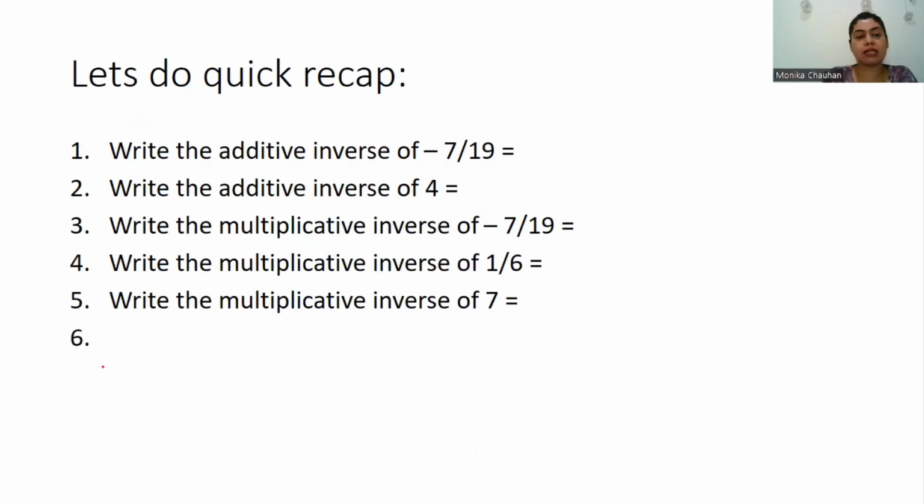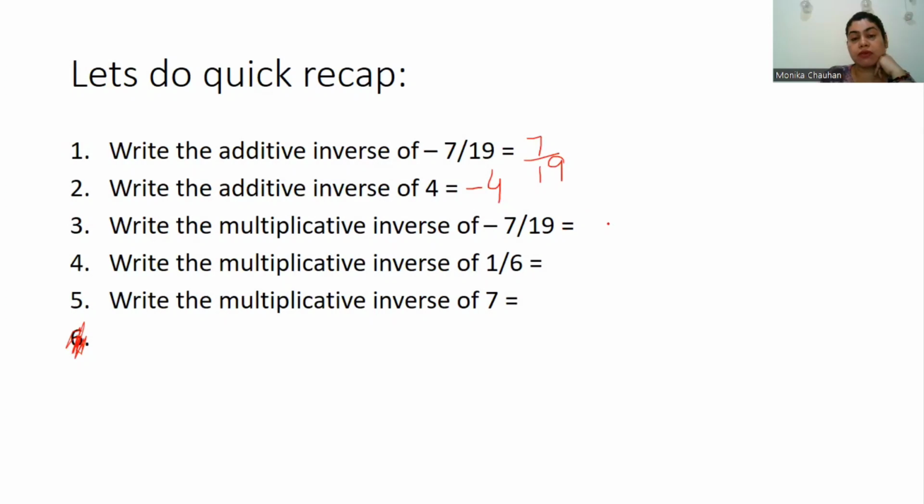First question, what is the additive inverse of -7 over 19? Additive inverse means the opposite number. It is 7 over 19. That's the answer. What is the additive inverse of 4? It is -4. So remember, the numbers are the same, only the sign changes.